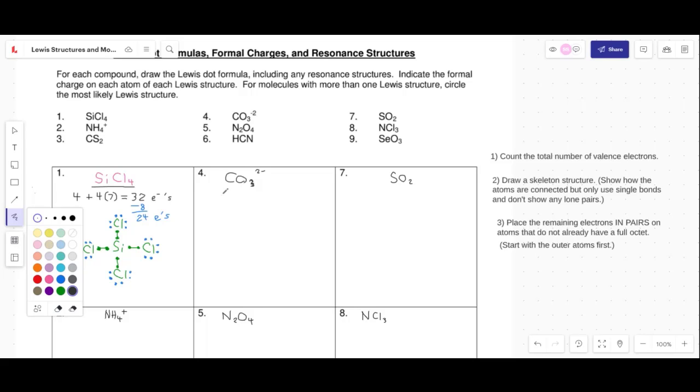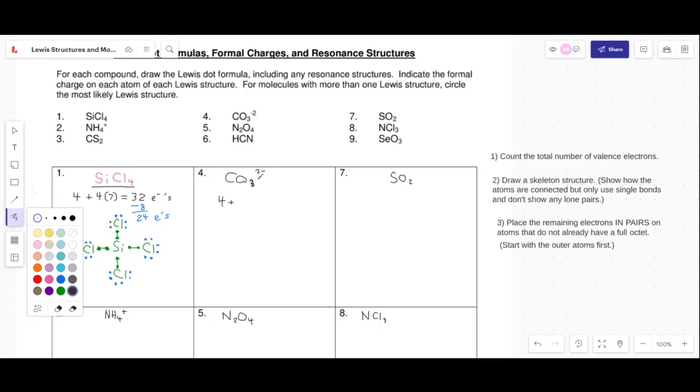Okay, so how many valence electrons does carbon have? That's right, 4. And how many valence electrons does oxygen have? Yep, that's right, 6.